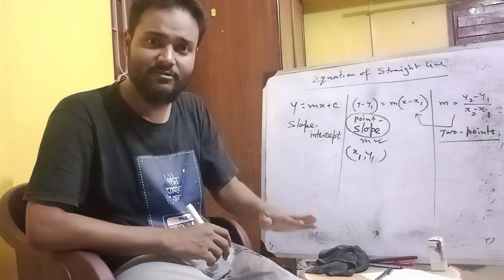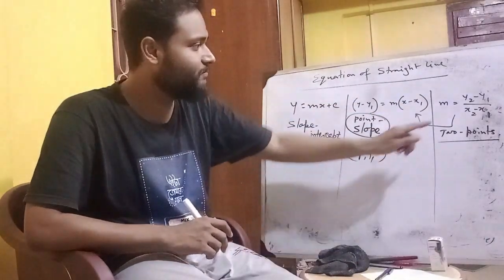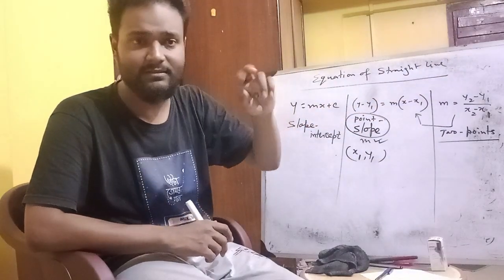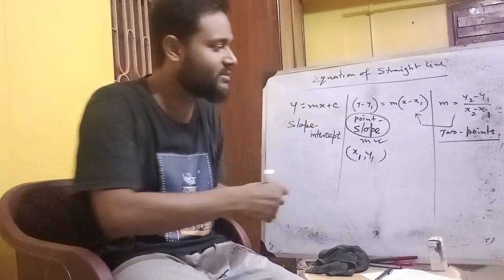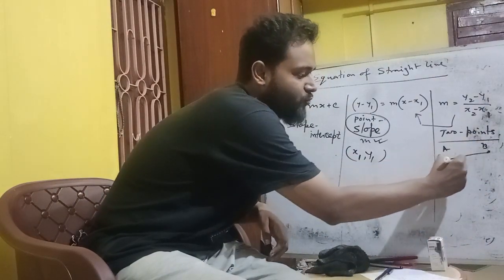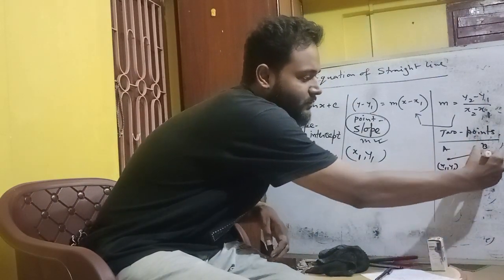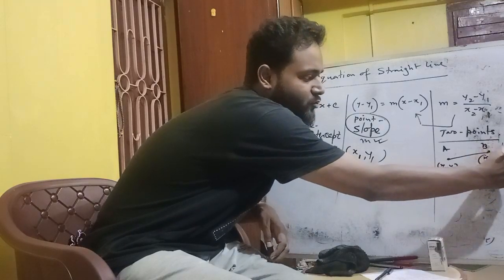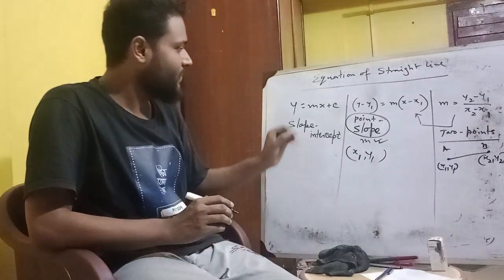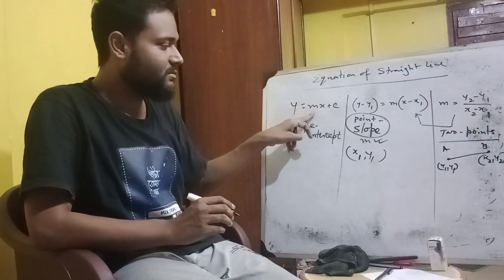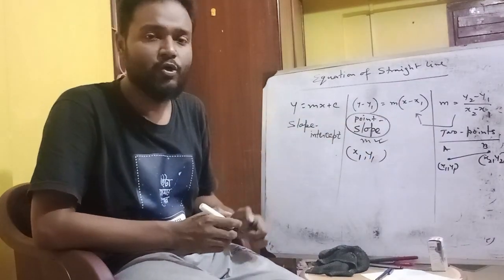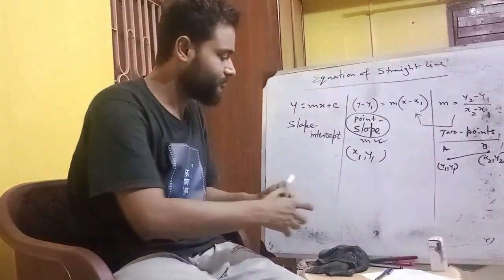Next, slope is not given, y-intercept is not given, but x1, y1, x2, y2, the 2 points, are there, like this straight line AB passing through 2 points x1 y1 and x2 y2. So these 2 points will be given. Now this is the slope intercept form, this is the point slope form, and this is the 2 points form.